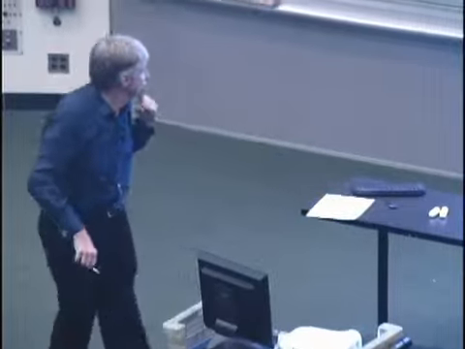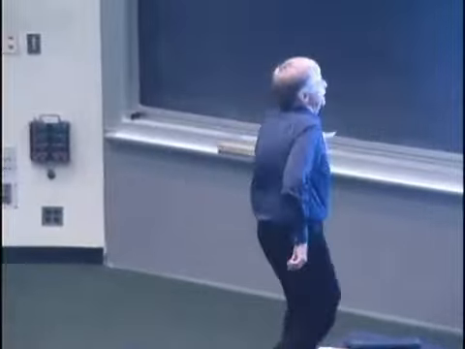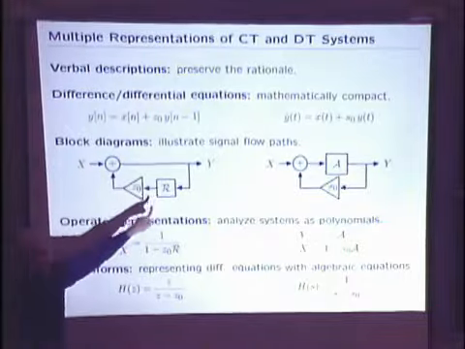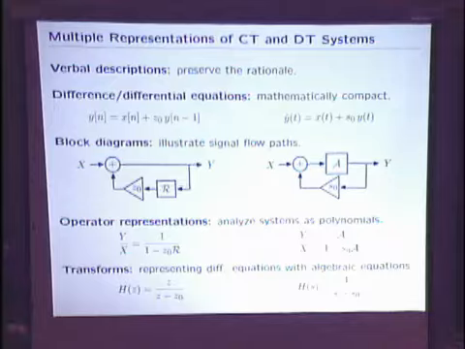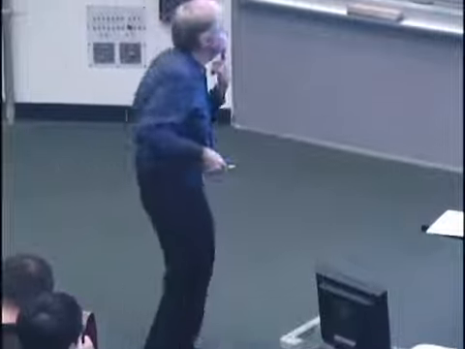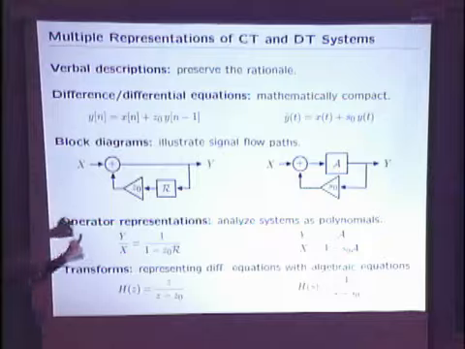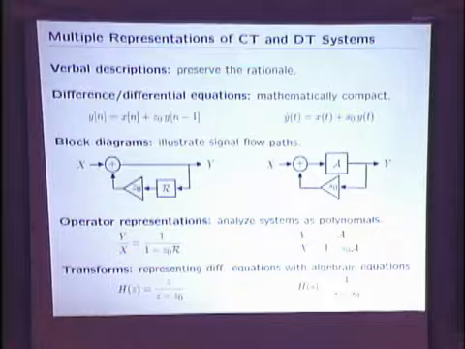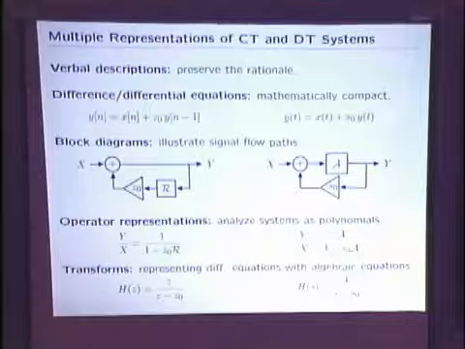So that was nice. Block diagrams, by contrast, are less concise, but they tell you the way a signal propagates through the system on its way from the input to the output. And that can be very helpful for understanding why certain behaviors occur, especially when we talk about things like feedback. We looked at operator representations. They were nice because we could transform the way we think about systems into the way we think about polynomials.